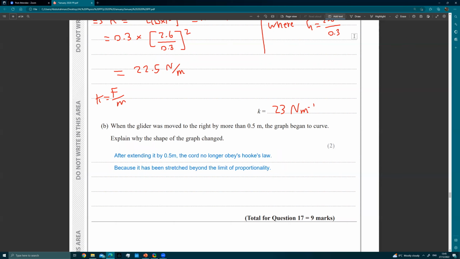Good. And we know Hooke's law is the force is proportional to extension up to the limit of proportionality. And this is after the limit because it began to curve. And then we could say by extension, therefore, force is no longer proportional to extension.